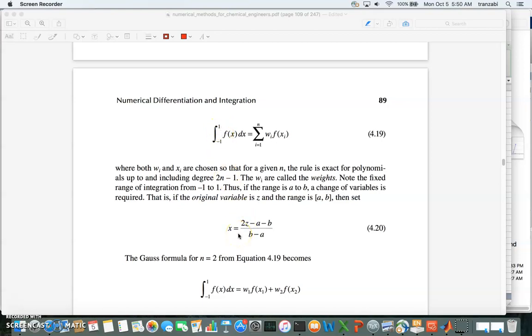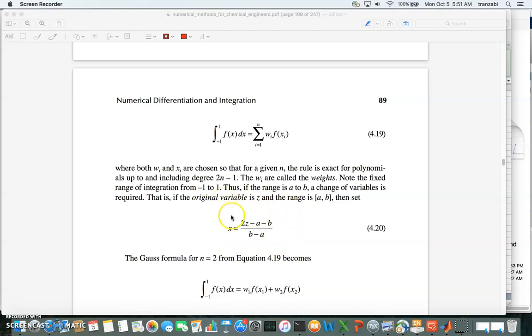Then we can define an x. If z varies from a to b, then x varies from -1 to 1 using this transformation.